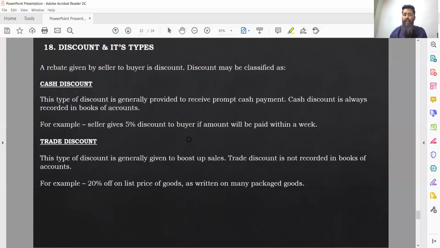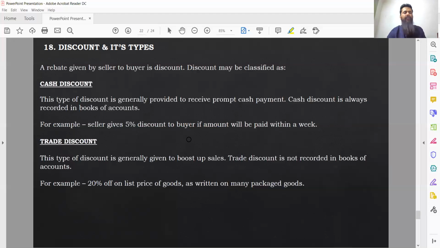Trade discount is not claimed upfront by the buyer, but it is something which is given by the seller themselves. We didn't go to the seller and tell them to display hoardings of buy one get one, or 30% off, 40% off. The seller does it themselves. The seller takes the decision by themselves to give these kinds of discounts. These are examples of trade discounts.